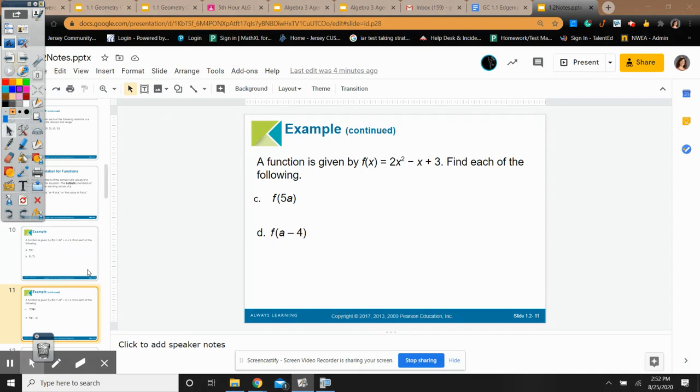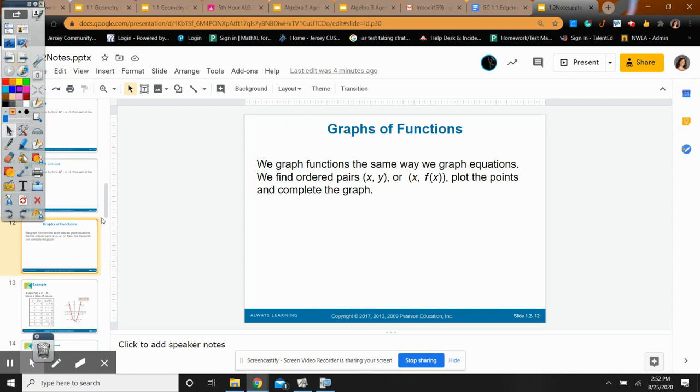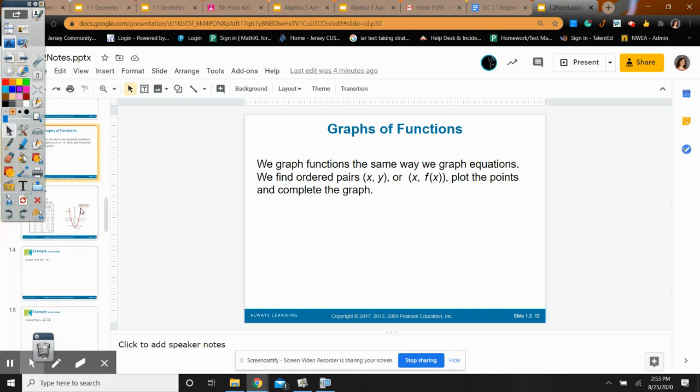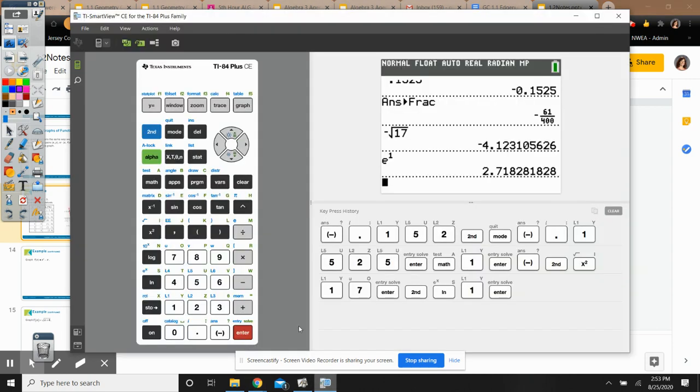Okay, so what's next? Graphs of functions. When you graph them, I mentioned this, you graph x and then y, or x and then f of x. We can use our calculators to help us. You can use t-tables. On this one, I'm going to go ahead and have you use your graphing calculator. You would just type y equals x squared minus 5.